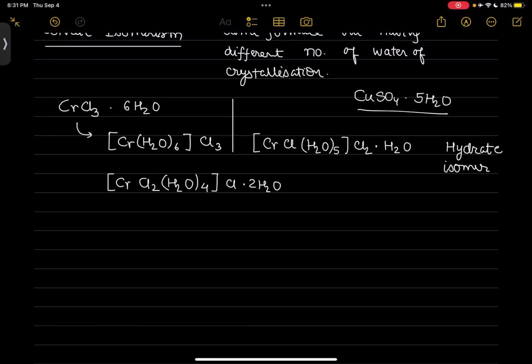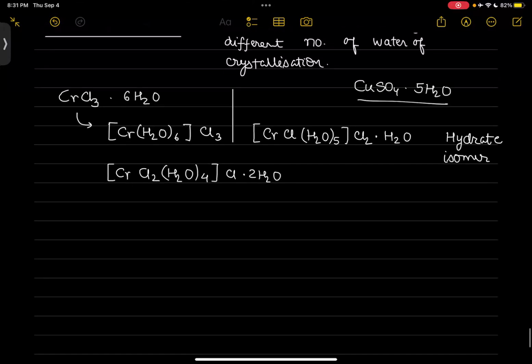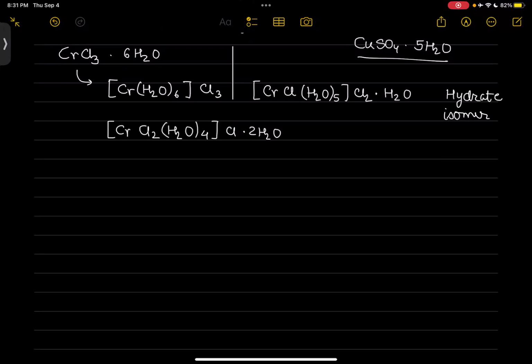In coordination compounds, if there are water ligands and you exchange them with the ions, the water molecule is going to come out and stay as water of crystallization. Such isomers will be called hydrate isomer if it is water, or the general name is solvate isomer.